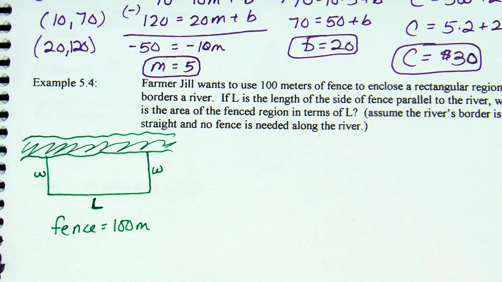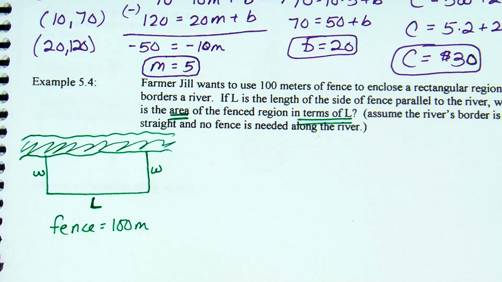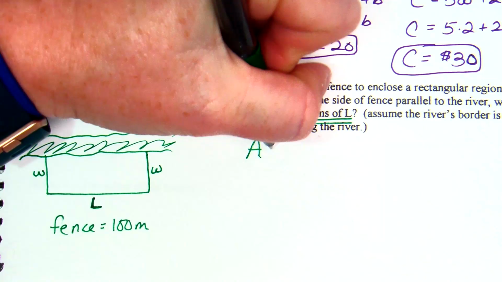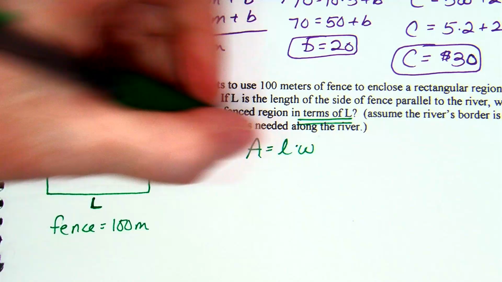Now, if L is the length of the side, the fence parallel, what is the area in terms of L? Now, what comes to your brain when we talk area? Length times width, yes? And it says it wants the area in terms of L. Now, for the length, I wrote lowercase l and w out of habit.